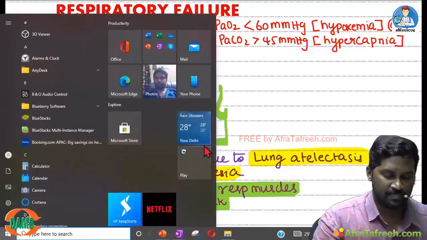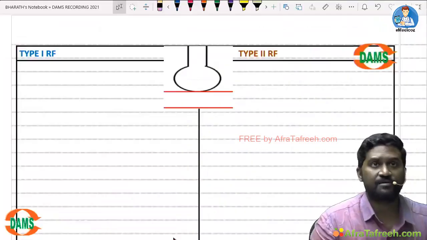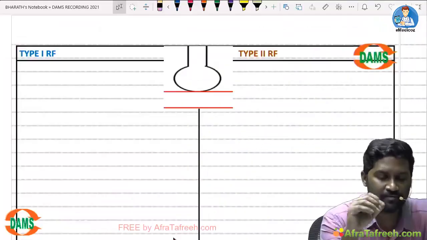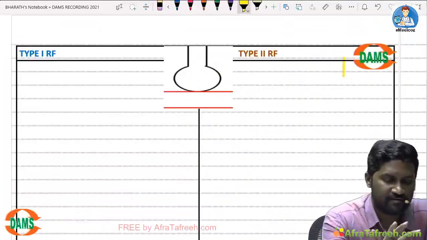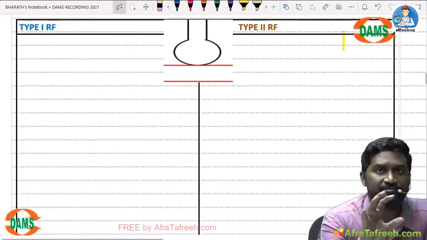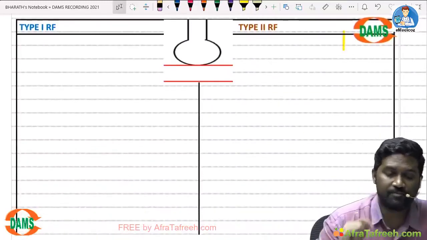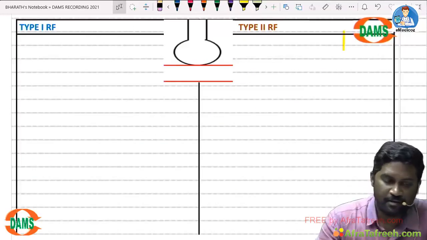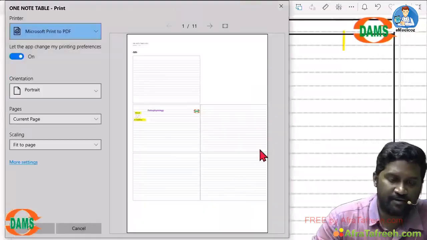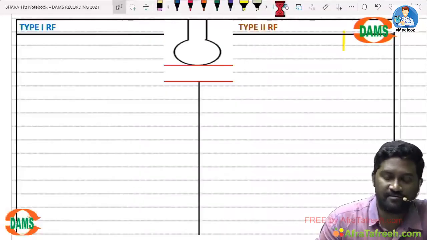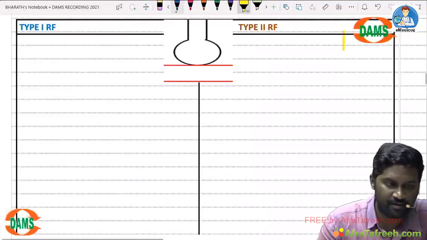Let us learn type 1 and type 2 respiratory failure with the help of a table, students. This is the important table which will describe type 1 and type 2 respiratory failure. Before going into them, let us see what is normally happening.